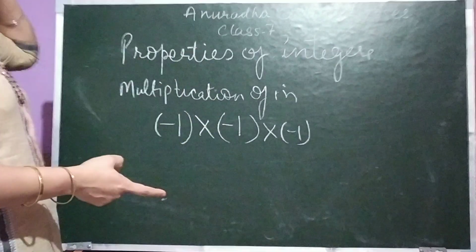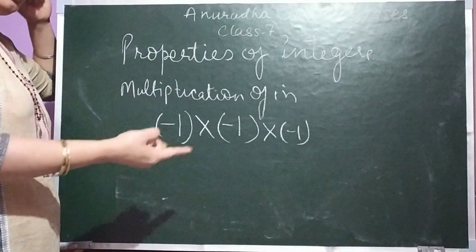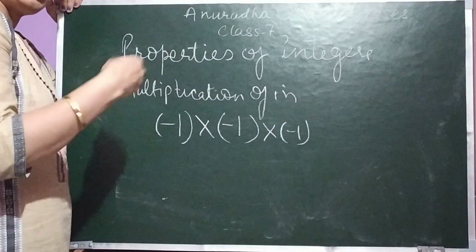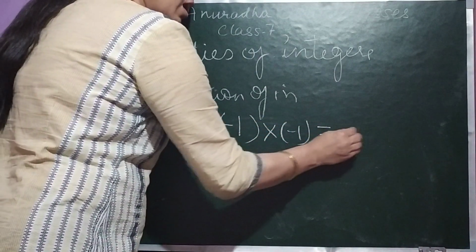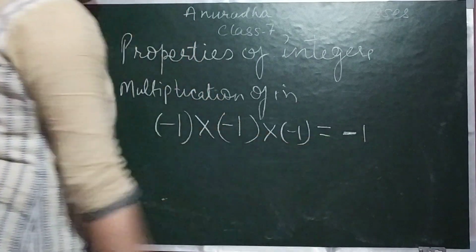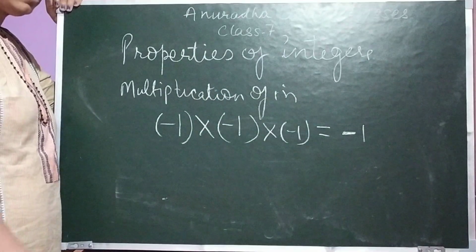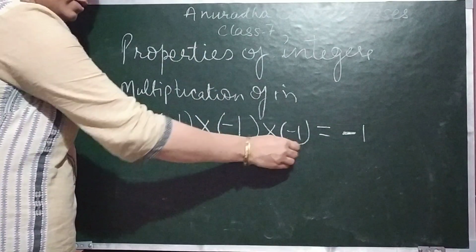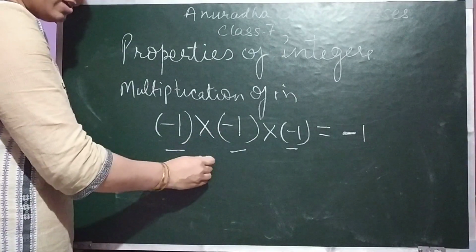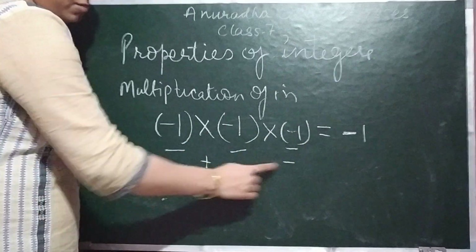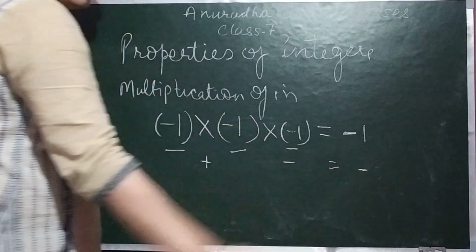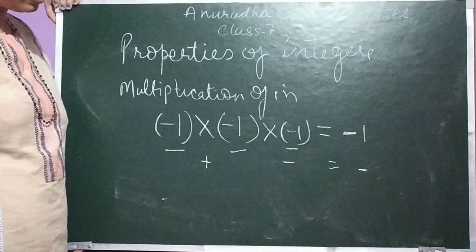If we multiply negative integers 3 times, or an odd number of times, we will always get the answer in negative, right? See, 1, 2 and 3. Minus minus is plus, and plus minus is again minus.